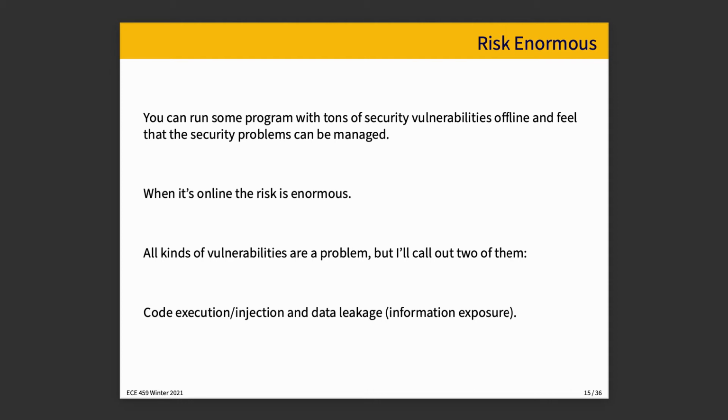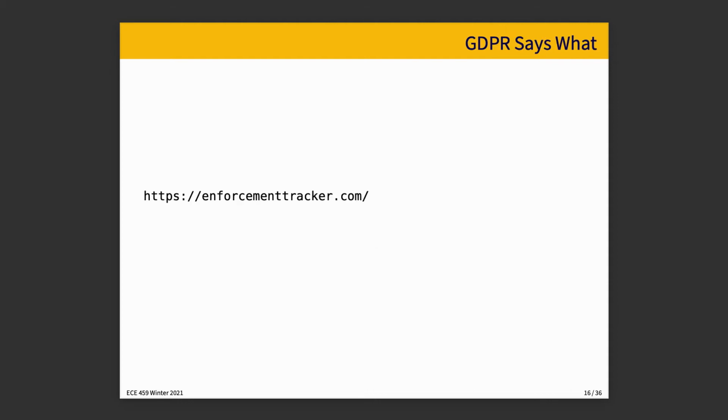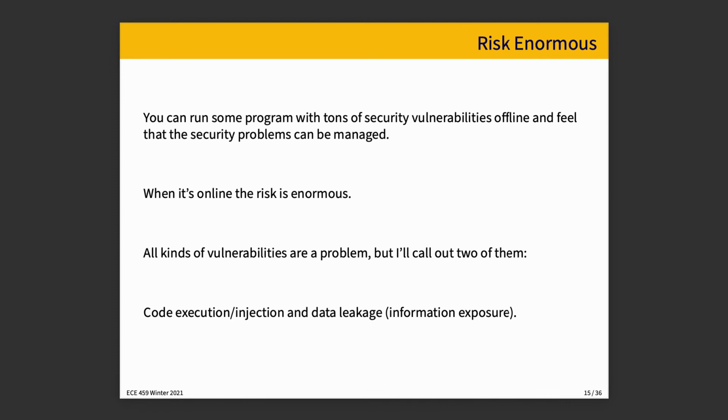information exposure. Okay. Code execution is exactly what it sounds like. Attackers run their code using your platform, right? They find a way to put some code into your application or into your server that executes, and it runs on your hardware inside your systems, and the call is coming from inside the house.